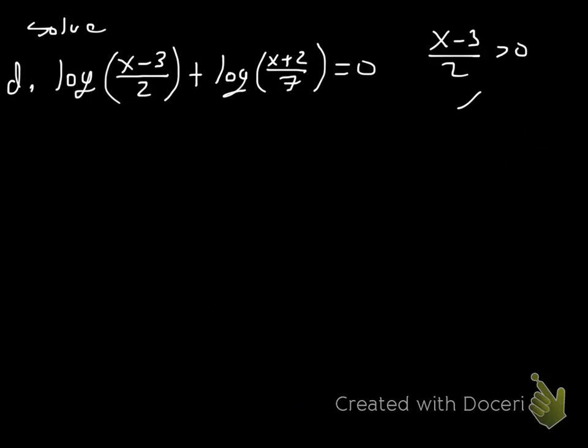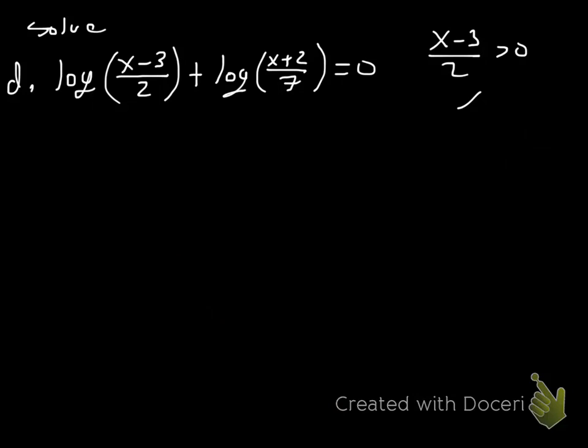Okay, picking up the level of difficulty just a touch. This one's not going to be as bad as it looks. So I've got 2 logs again, and I'm going to want to crunch them down into 1. Because there's a plus in between, that means we're going to use the product rule. But now the arguments are a little bit more complicated. The first one's x minus 3 divided by 2. Now, the numerator is x minus 3, that's the top. The denominator is 2. So a fraction's going to be positive when you have positive divided by positive or negative divided by negative, and we're going for positive divided by positive because the bottom is 2.